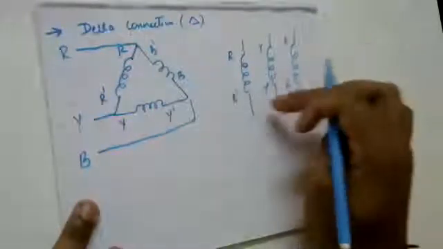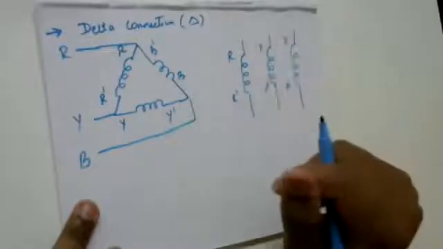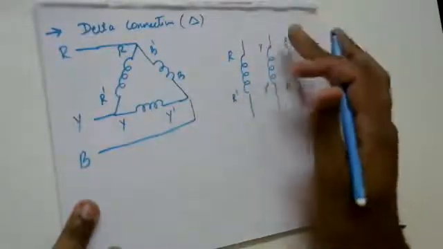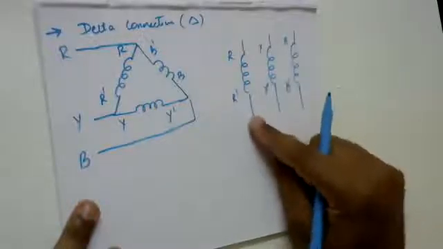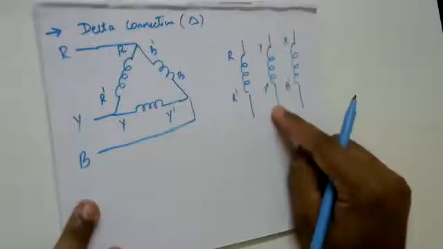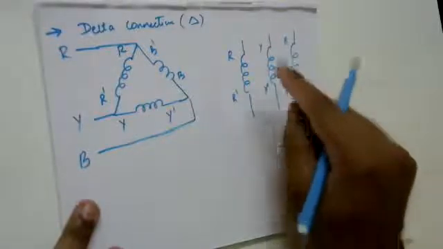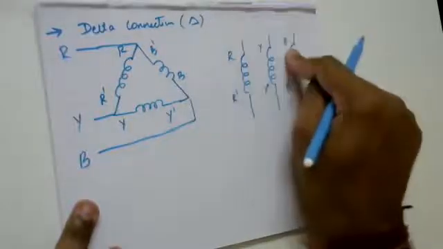You can arrange these three coils either in star form or in delta form. To arrange it in star form, what we did yesterday was link R dash to Y dash, and B dash to Y dash. This forms the neutral point, and this gives us access to the terminals R, Y, and B.